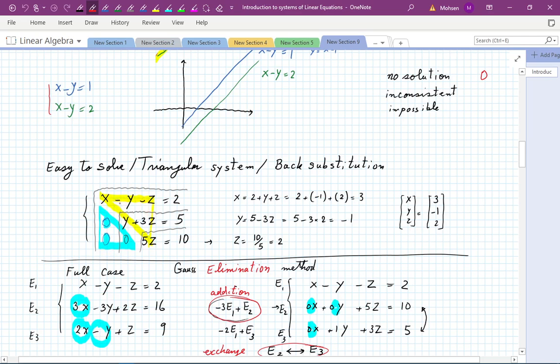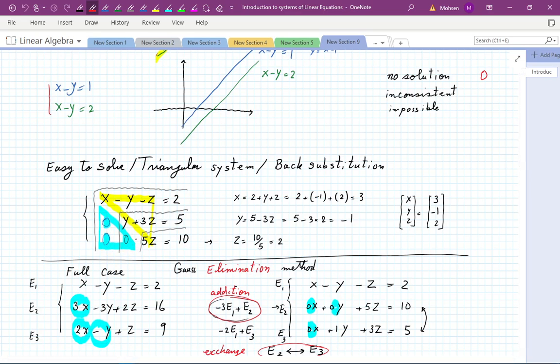Well, every now and then when we attempt to do this, we don't get a perfect triangle and we get something else. The next best thing is called the echelon form. Echelon form is kind of like, if you wish to call it, a crooked triangle. It's not the perfect triangle that you want, but it's the next best thing.